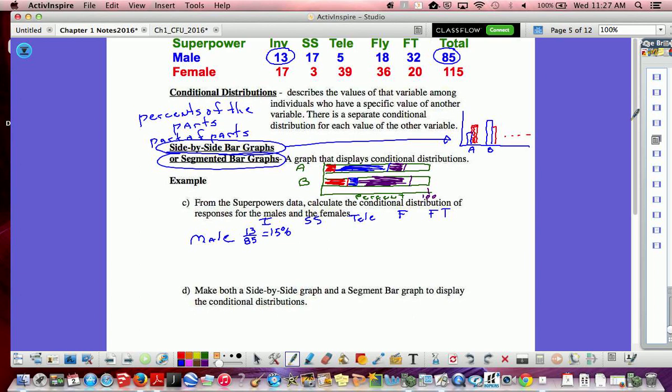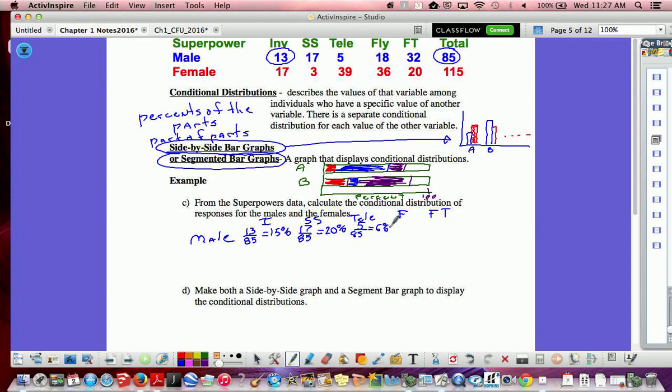Let me move this up a little. Well, I better not. So the next one, 17 out of 85. You trust my calculations from when I did this before. That was 20%. Telepathy was 5 out of 85, which is 6%.